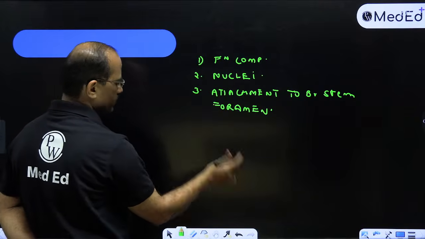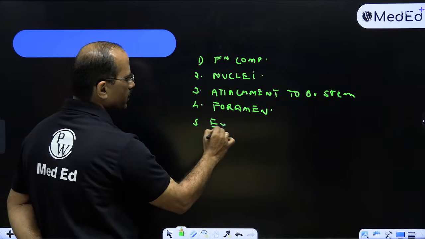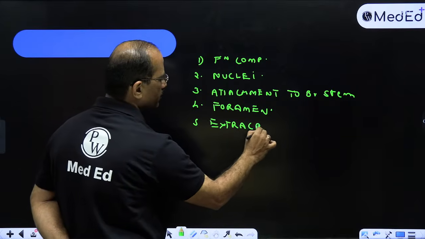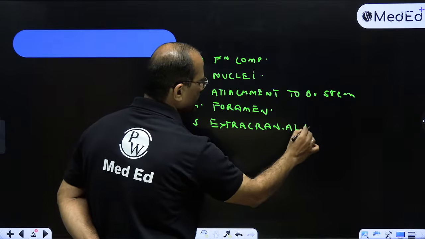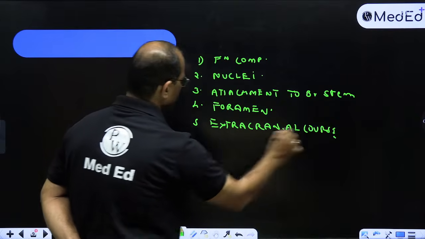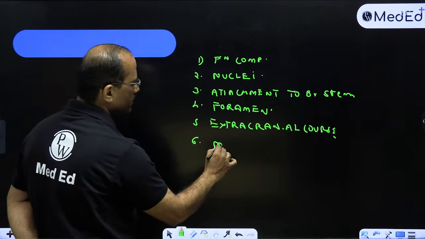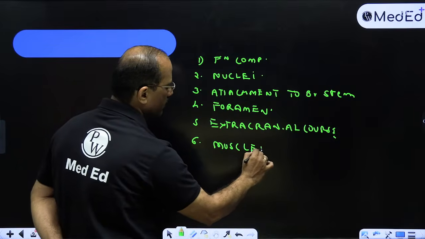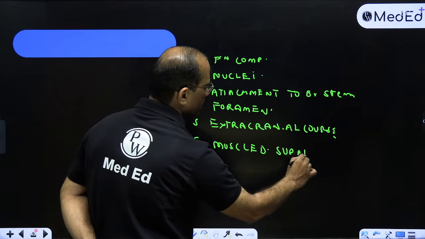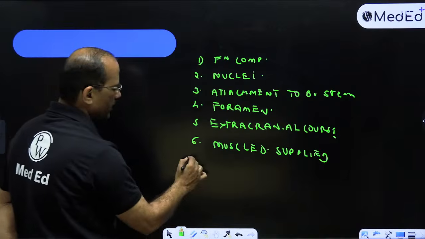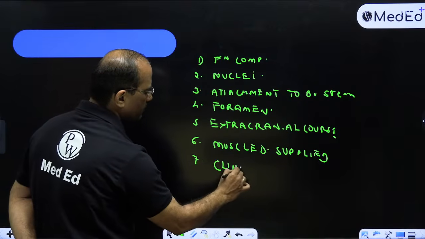And fifth is extracranial course. Sixth is muscles supplied, मतलब structure supplied. And seventh is clinical anatomy.